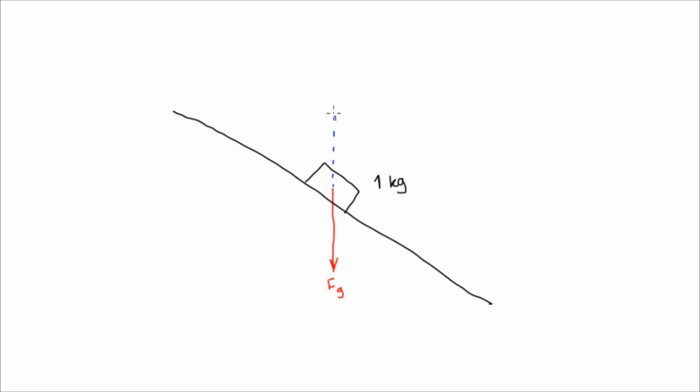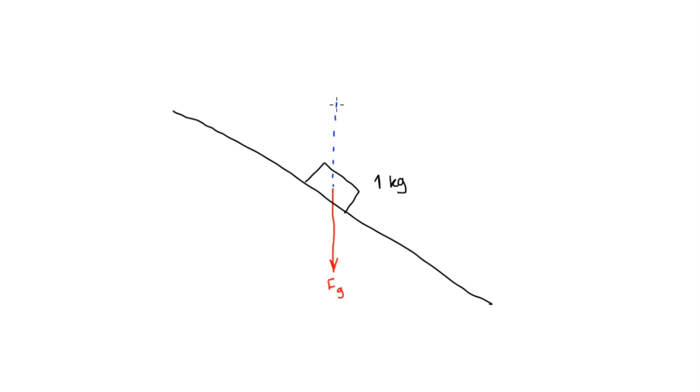This is because the normal force is the force of the surface acting back on the box. So if this is the equal and opposite force, the normal force will actually be the component of this that is perpendicular to the surface on which the box is moving. So this component of it will be your normal force. We'll denote that with a little n.